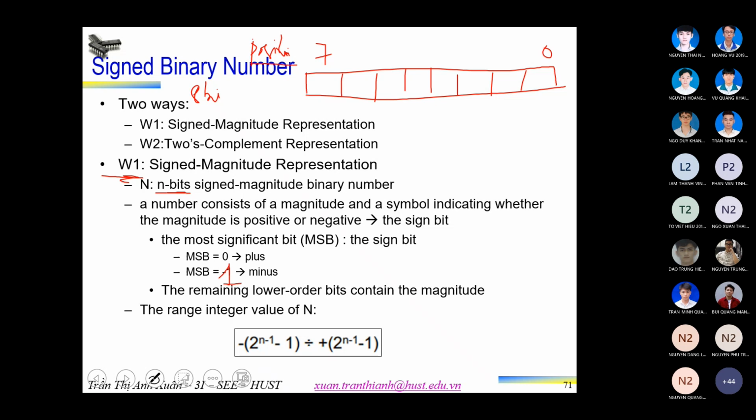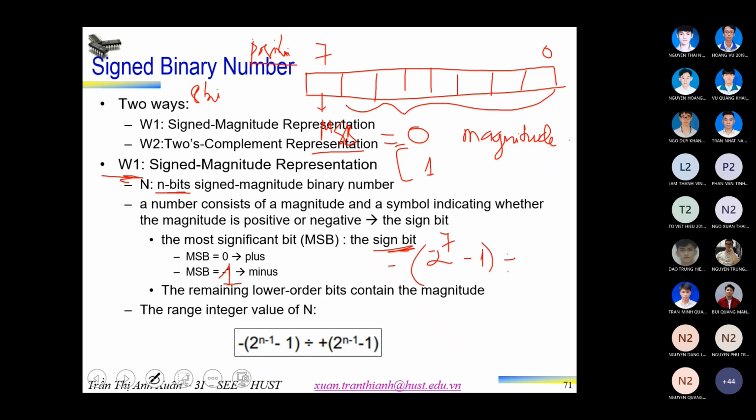Here is the MSB, the sign bit, and the remaining 7 bits we use to express the magnitude. So this is the decimal value range of this number.